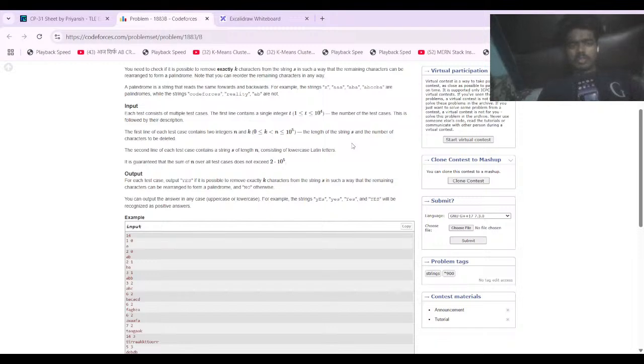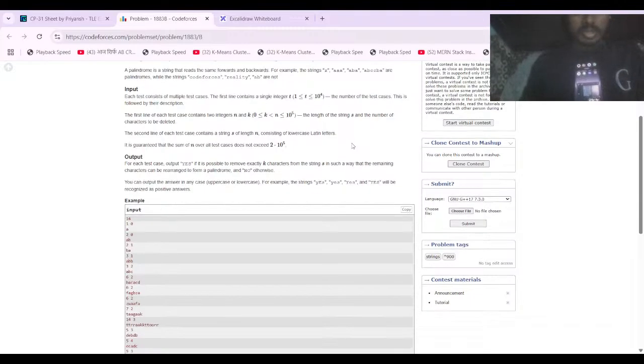A palindrome is a string. A palindrome की definition दे रखी है, string है that reads forward and backward like A B C C B A, right, are palindromes. वही है कि सीधे से पढ़े, उल्टे से पढ़े, same आना चाहिए palindrome में.